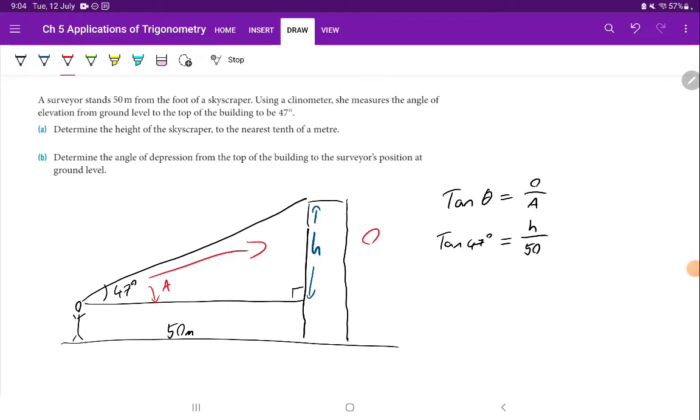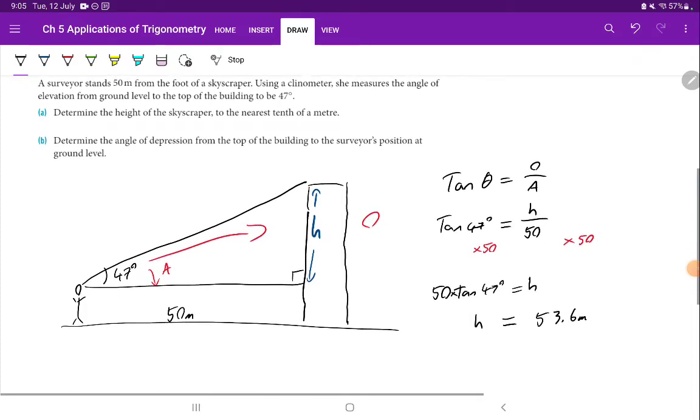This is a number on the bottom, so we're going to times both sides by 50 to get h by itself, and we get 50 times tan 47 equals h. So h is going to be equal to 53.62 meters. Now it says to the nearest tenth of a meter, so we're going to round it to 53.6 meters.